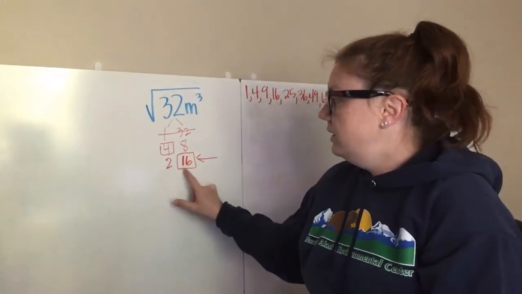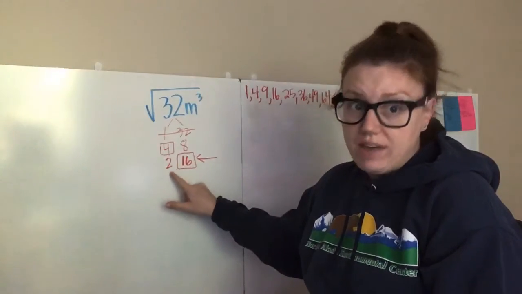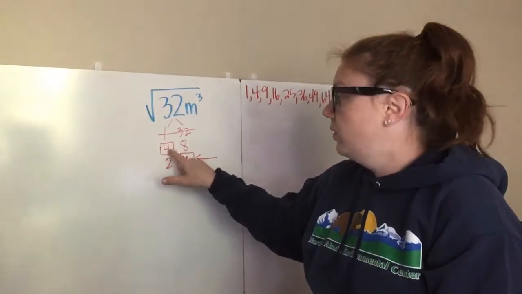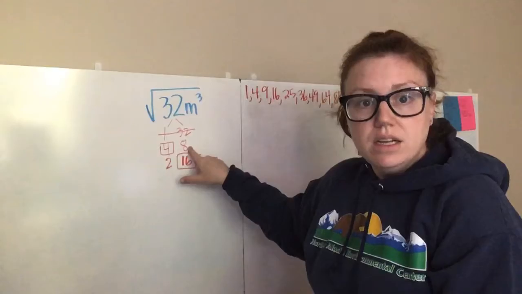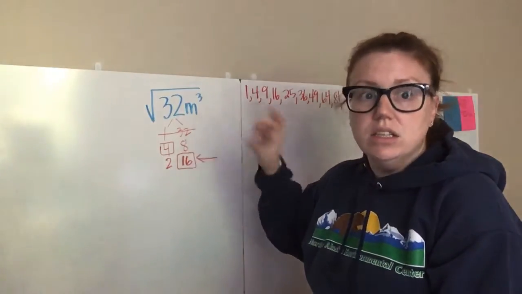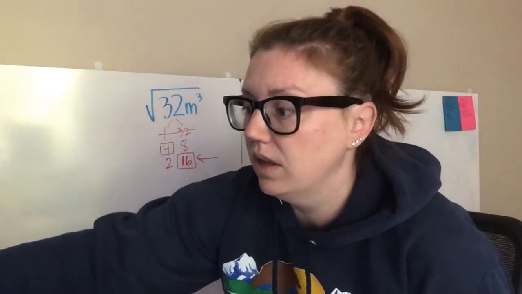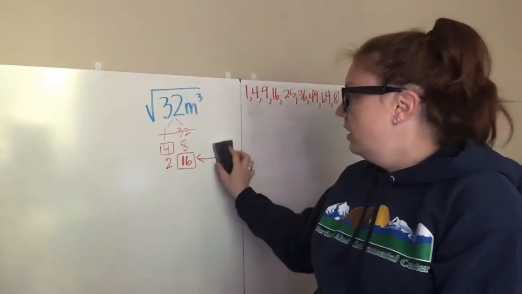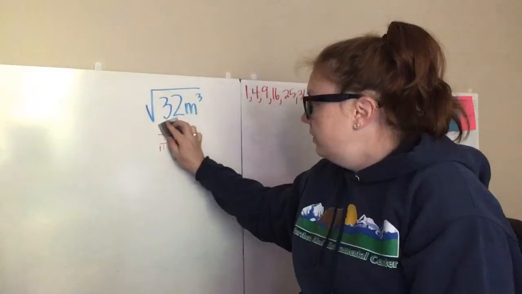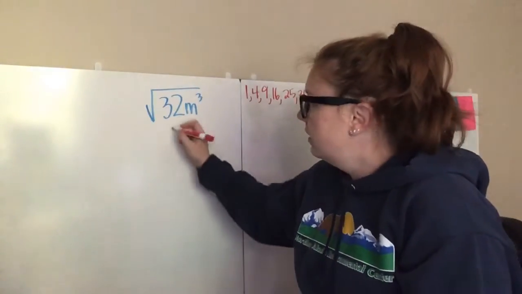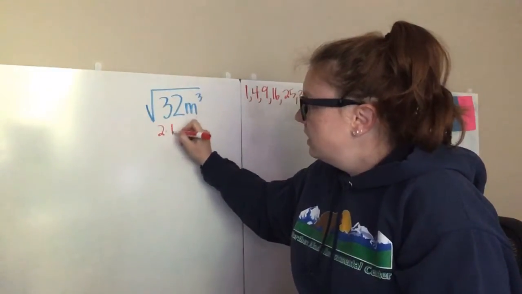So I want to use the 2 and 16 set of factors instead of the 4 and 8 set of factors. Because again, 16 is the larger of the perfect squares that we have in our factors. So I'm going to rewrite underneath here 2 times 16.